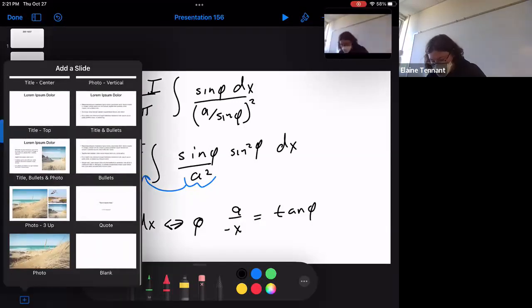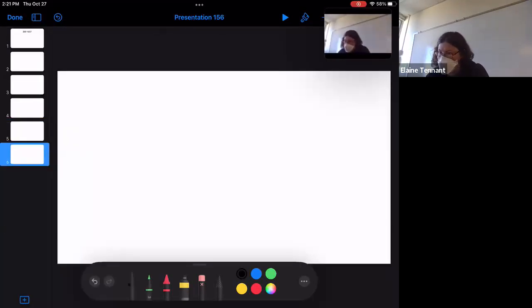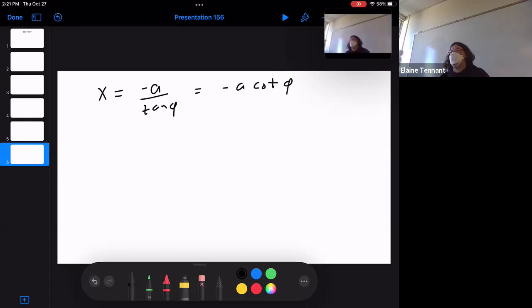So I have a over negative x equals tangent of phi. Rearranging that, I have x equals negative a over tan phi or negative a cotangent of phi. So far, so good on the algebra.